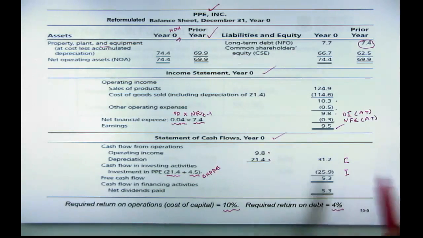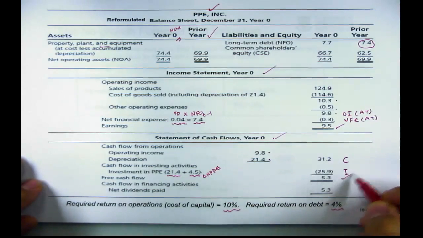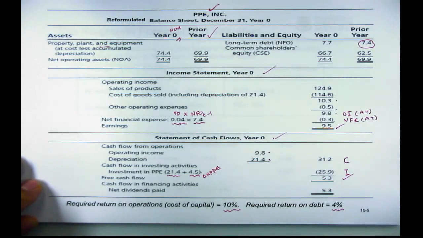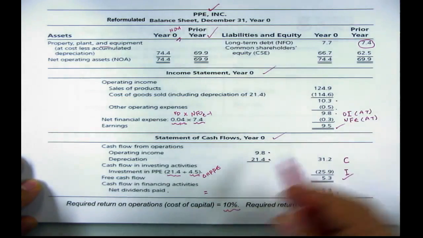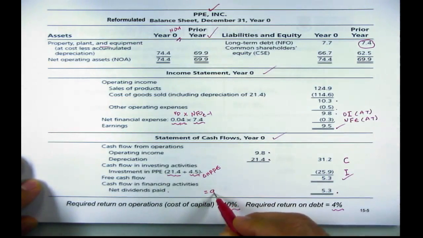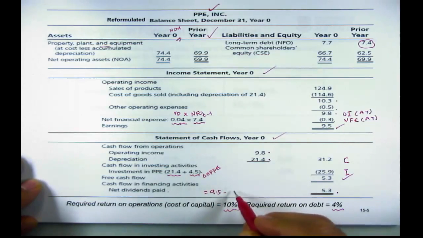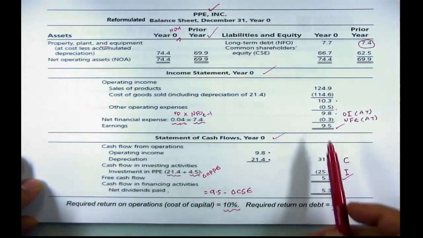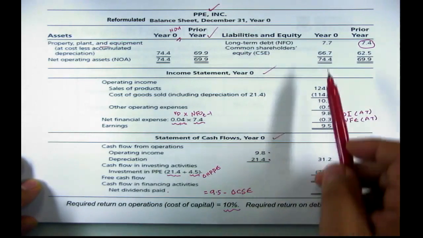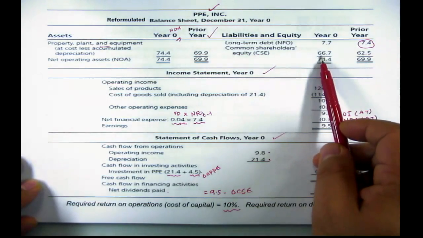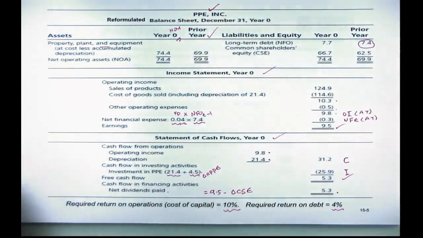Now, C minus I gives us the free cash flow. Note also that we have net dividends paid of 5.3, calculated as earnings of 9.5 minus the change in common shareholders' equity. 9.5 minus the difference between 66.7 and 62.5.